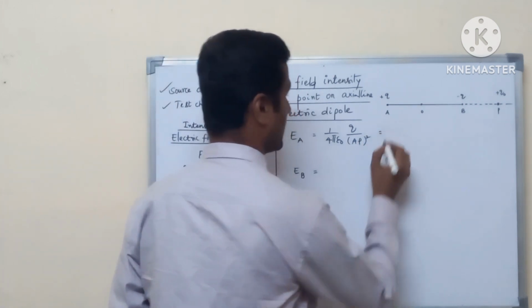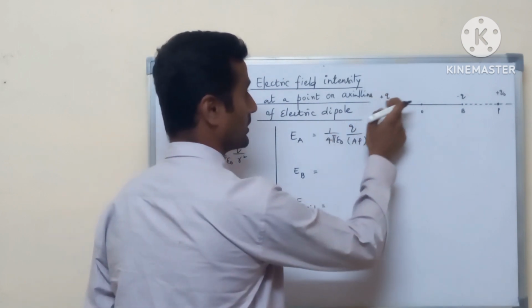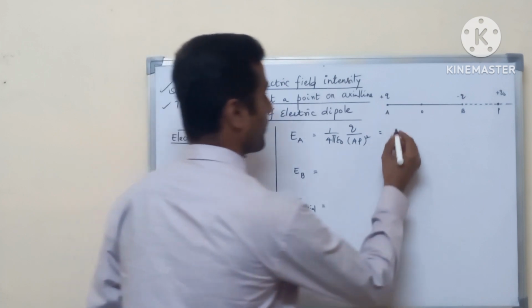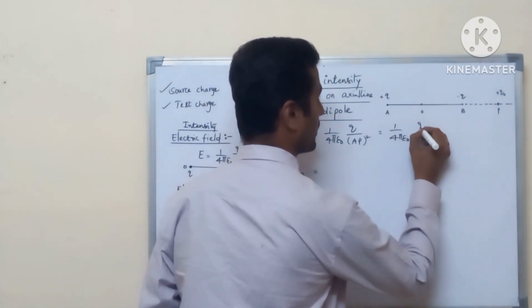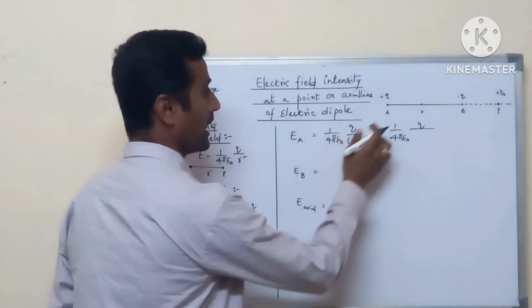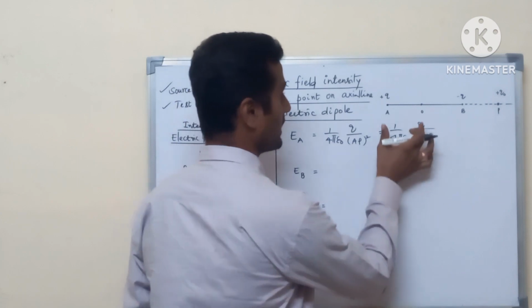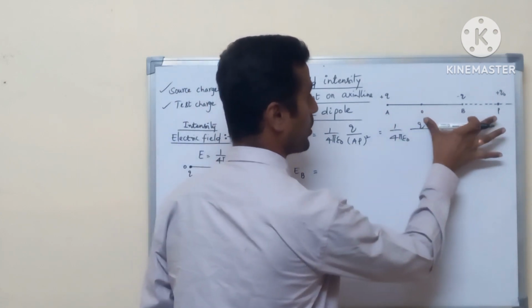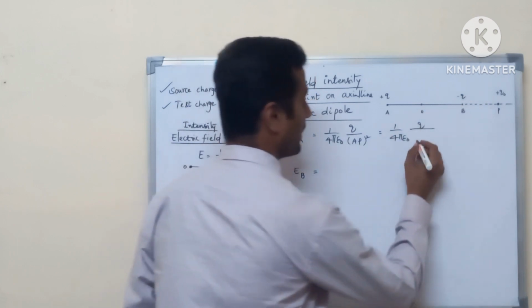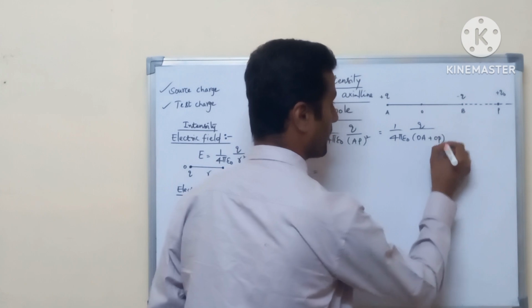That is equal to, here we have taken only the magnitude of source charge, 1 by 4 pi epsilon naught Q divided by AP, which can be represented as OA plus OP.